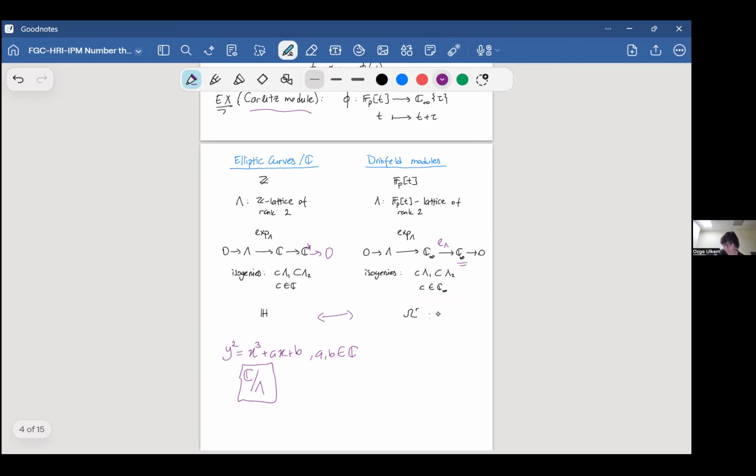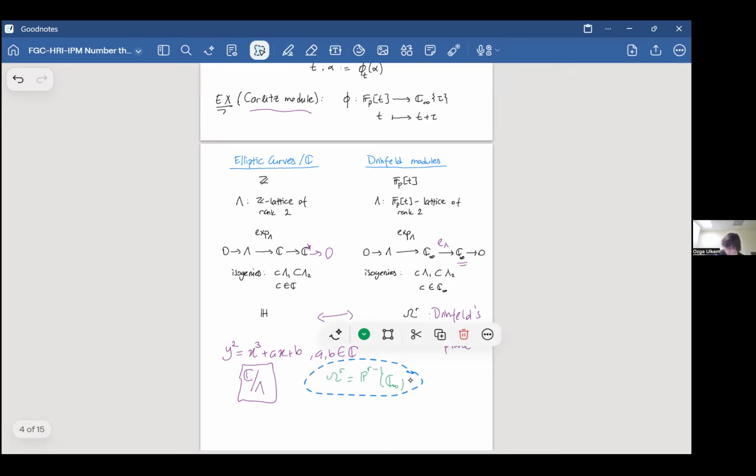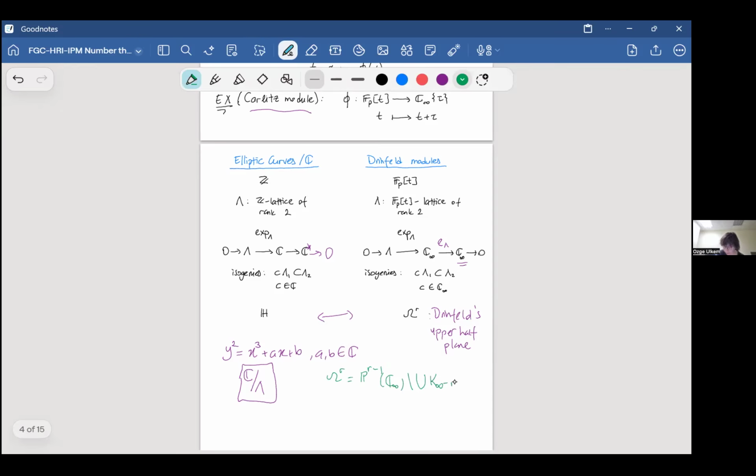This is called the Drinfeld upper half plane, or Drinfeld symmetric space, defined as the projective space P^{r-1} over C infinity, and then you get rid of all the K infinity-rational hyperplanes. Why is this an analog? One sees it better when r is 2.